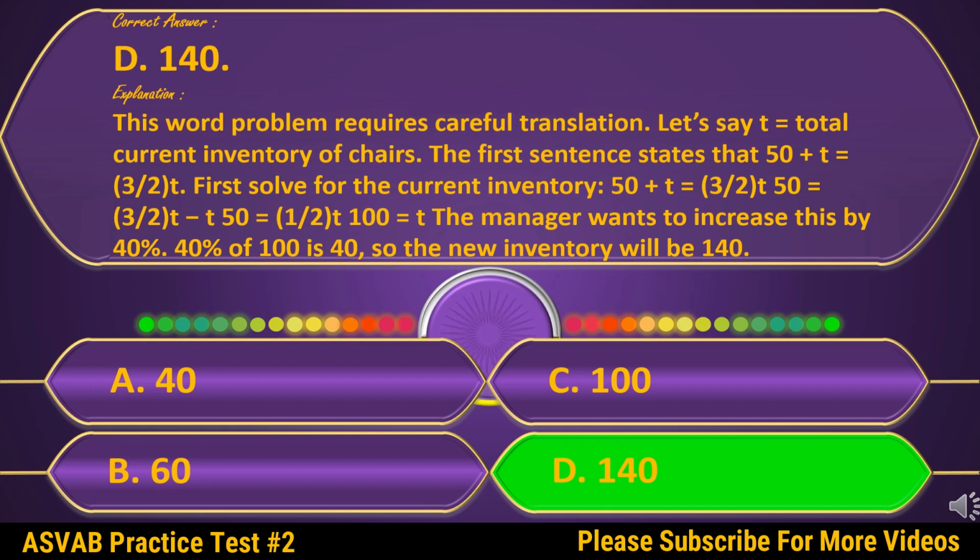The first sentence states that 50 plus T is equal to 3 by 2 into T. First solve for the current inventory: 50 plus T is equal to 3 divided by 2 T. 50 is equal to 3 divided by 2 T minus T, so 50 is equal to 1 divided by 2 into T, and 100 is equal to T. The manager wants to increase this by 40%. 40% of 100 is 40. So the new inventory will be 140.